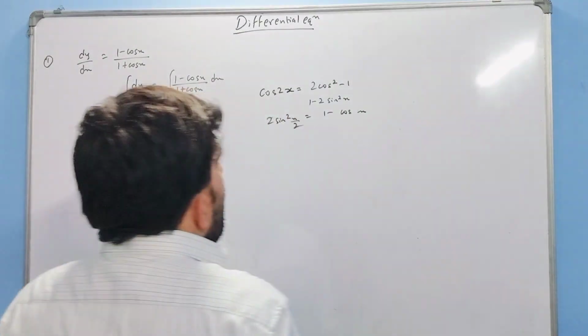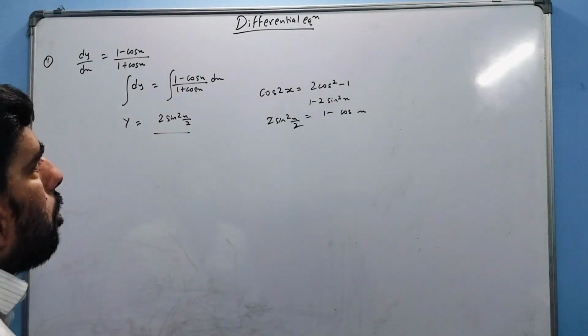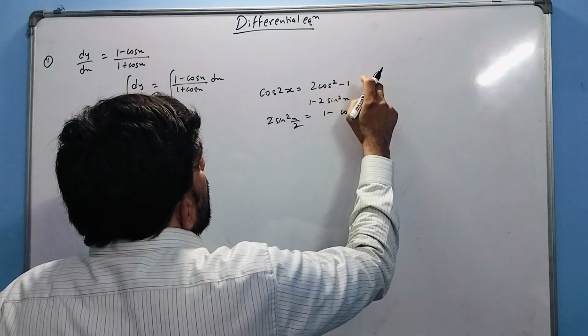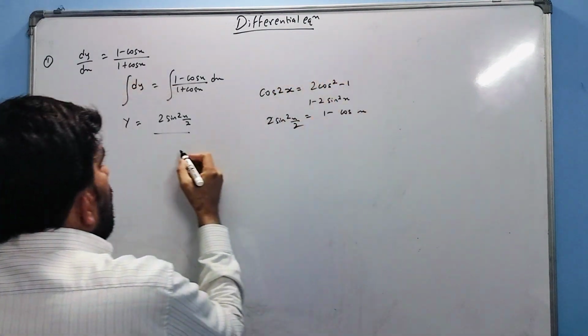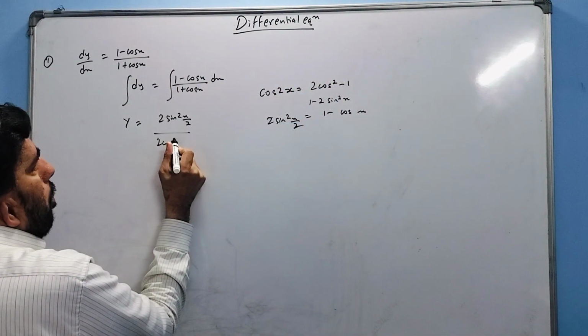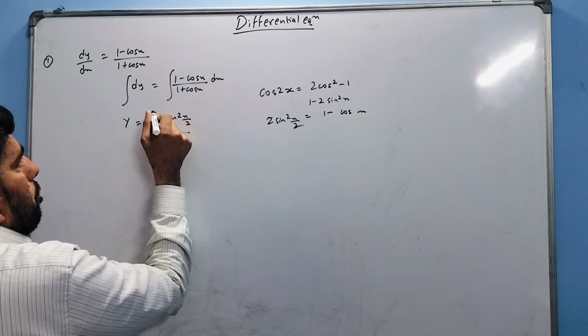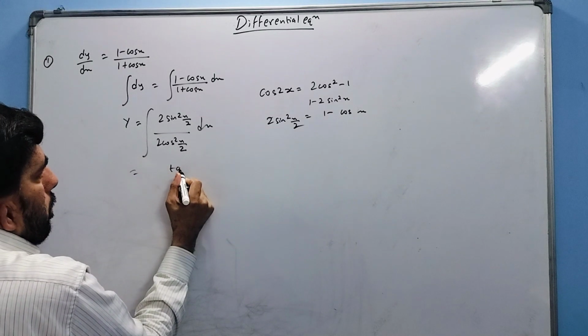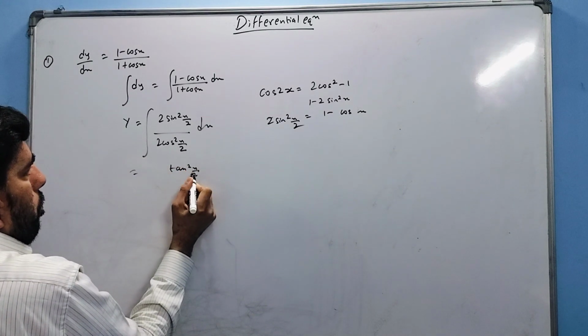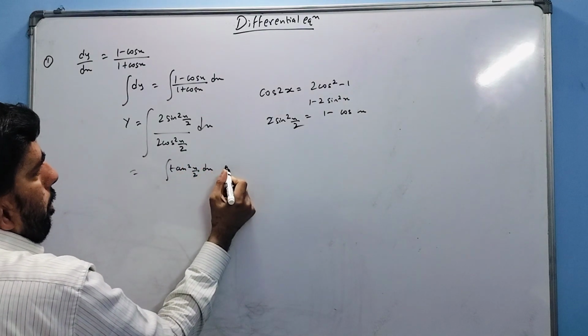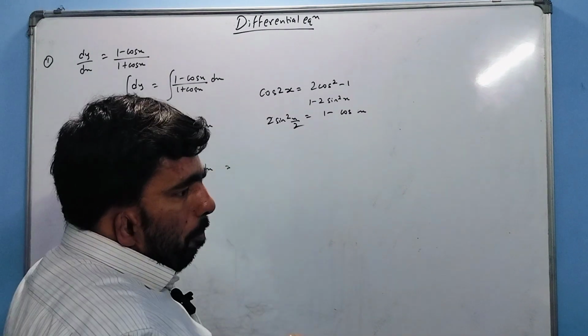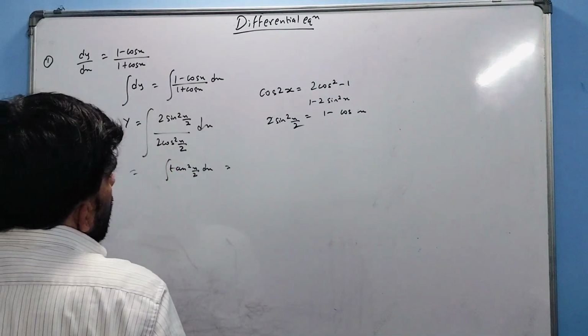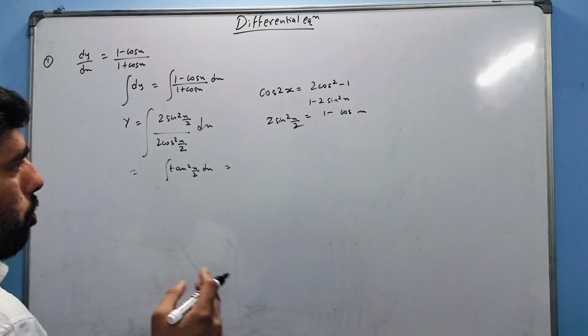So what we can do here, we try to use this identity. So if I take this, I will get 2 cos square x by 2. Okay, so now I get tan square x by 2. We know the formula 1 plus tan square x is equal to sec square x.